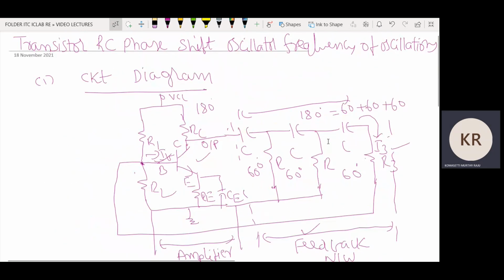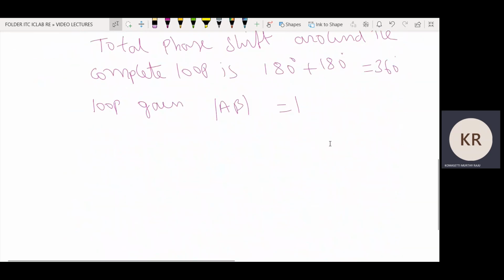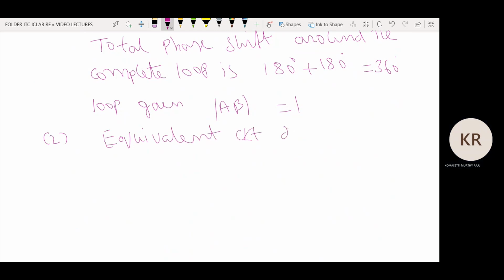First, the original circuit diagram. Next, the second one is the equivalent circuit diagram.